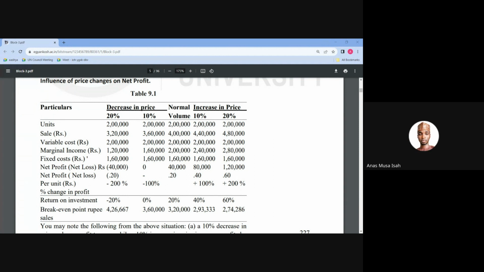So we subtract the variable cost from the total sale. Therefore, we get our marginal income.